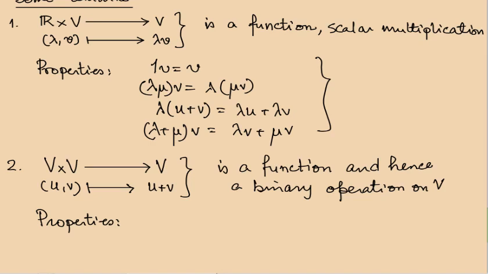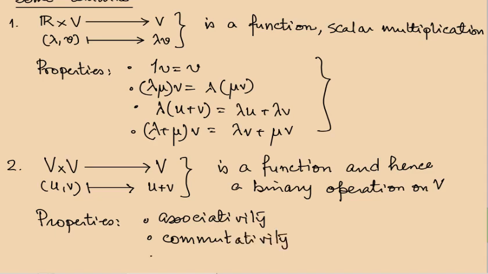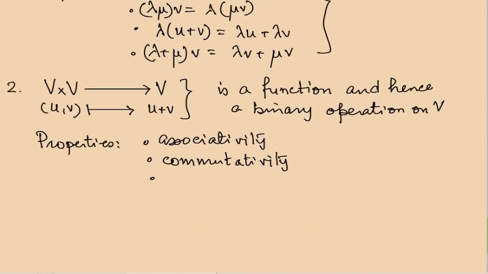The properties are, so let me put these properties as bullets: associativity, commutativity, existence of an identity, and existence of inverse.